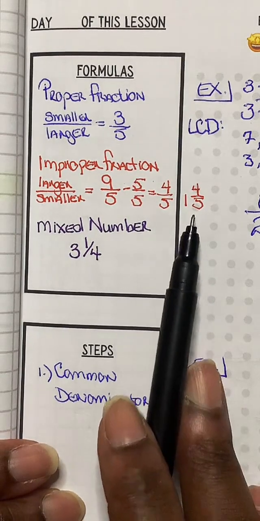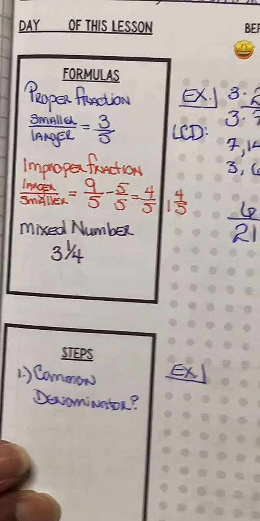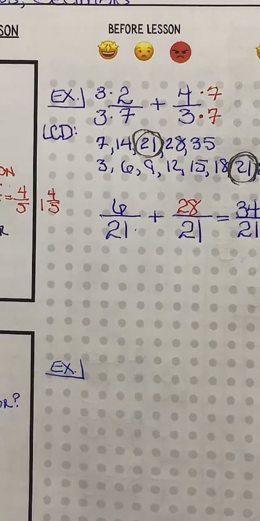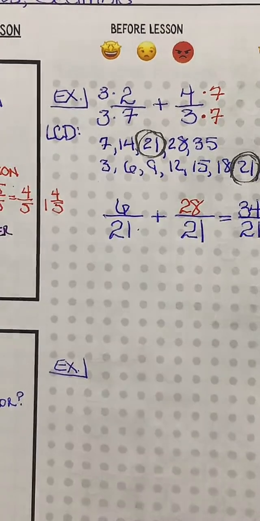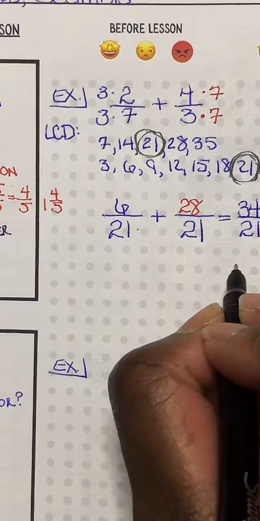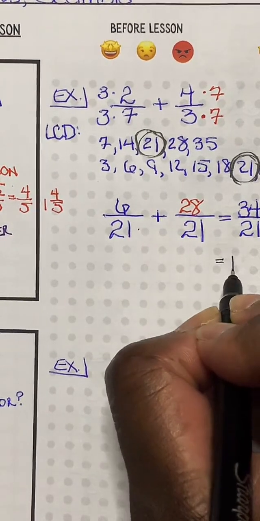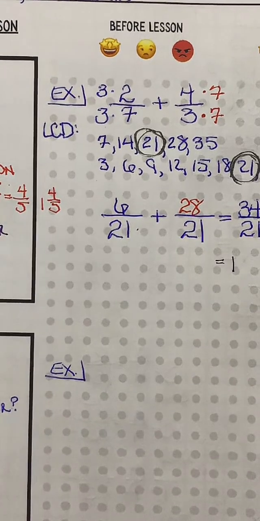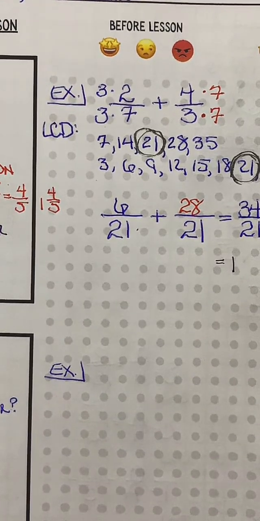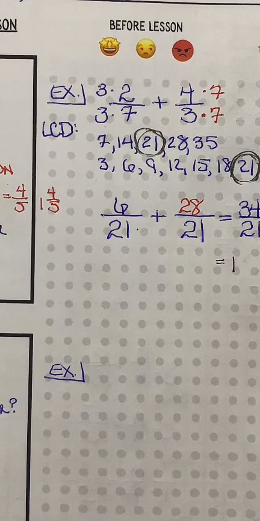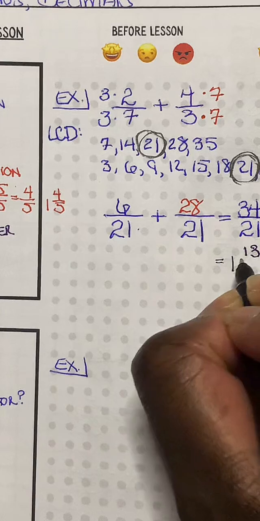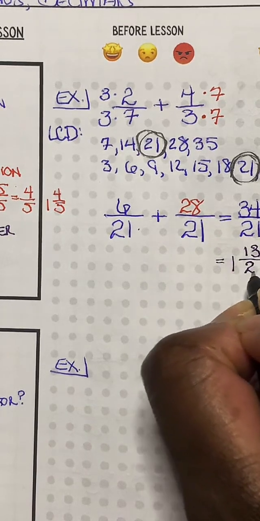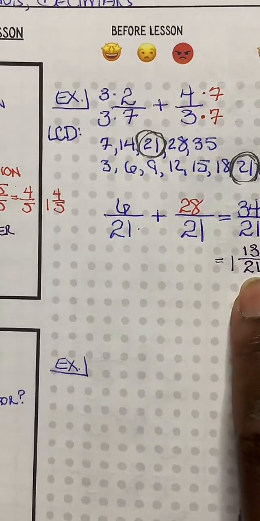So you can do it that way, or you can divide 34 by 21. If you divide 34 by 21, you're going to see how many 21s can go into 34. Well, there's 1. So now we take that 34 minus that 21 to see how much is left over. And what's left over will be 13. But it's still going to remain out of 21.